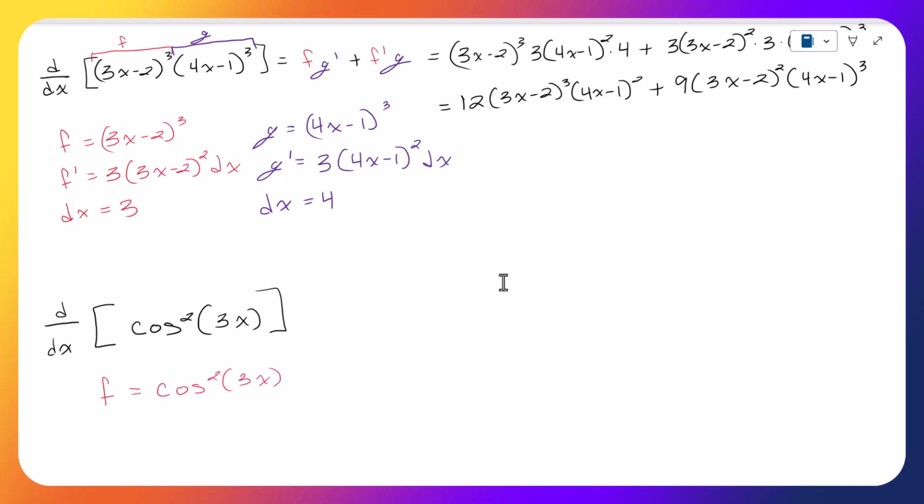What rule are we going to use here? Well, I'm actually going to rewrite this to make it look a little nicer. Let me actually go down instead of to the side. Equals cosine of 3x all squared.